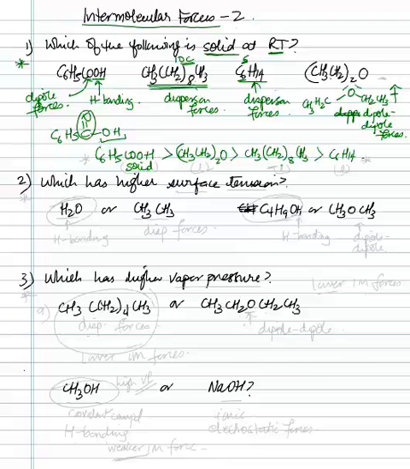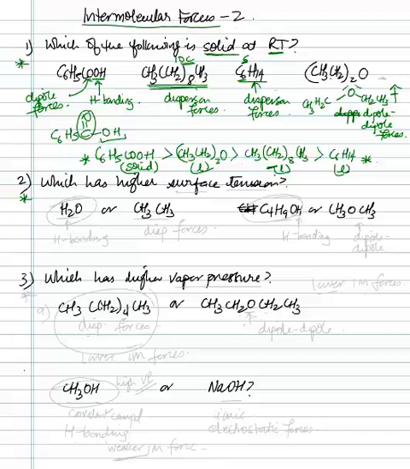That is my order of intermolecular forces. So it's more likely that this is a solid and maybe C6H14 is a liquid. We don't know what these two in the middle are. Most likely they are liquid, and this is the only one that is solid.